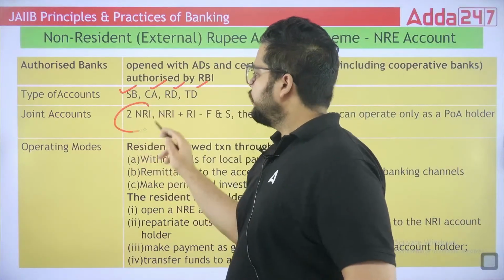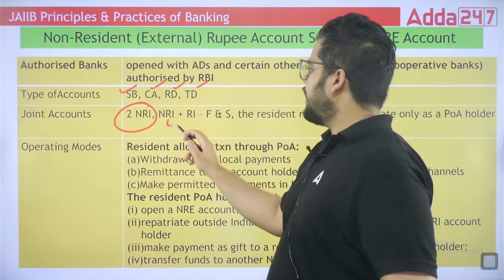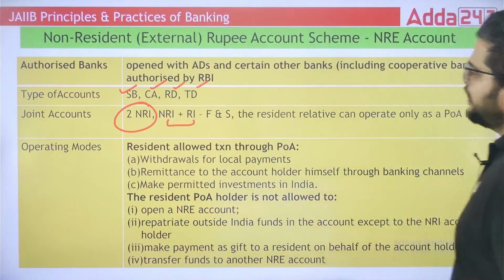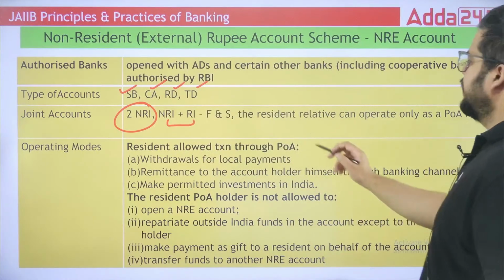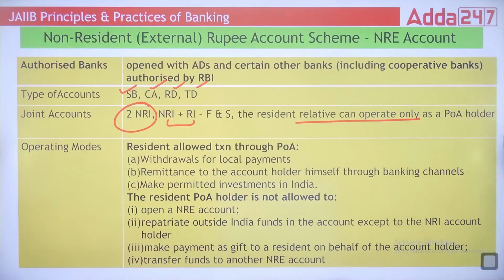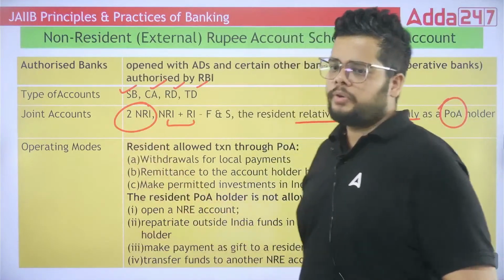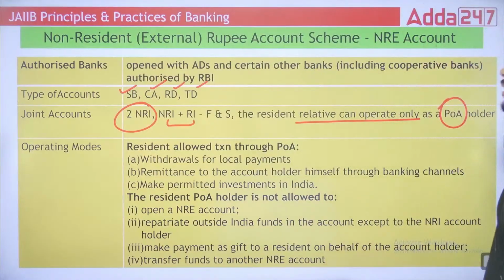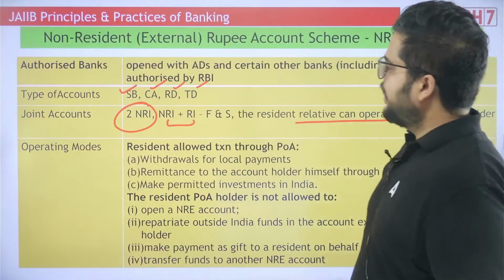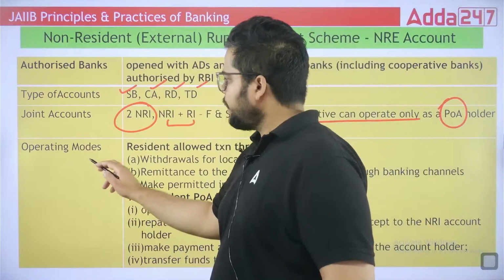Joint account is possible for 2 NRIs, or 1 NRI and 1 resident Indian, F and S. The resident relative can operate only as a power of attorney holder. So 2 NRIs can have 1 account, and in the other category the NRI will be clubbed with a resident Indian, F and S.